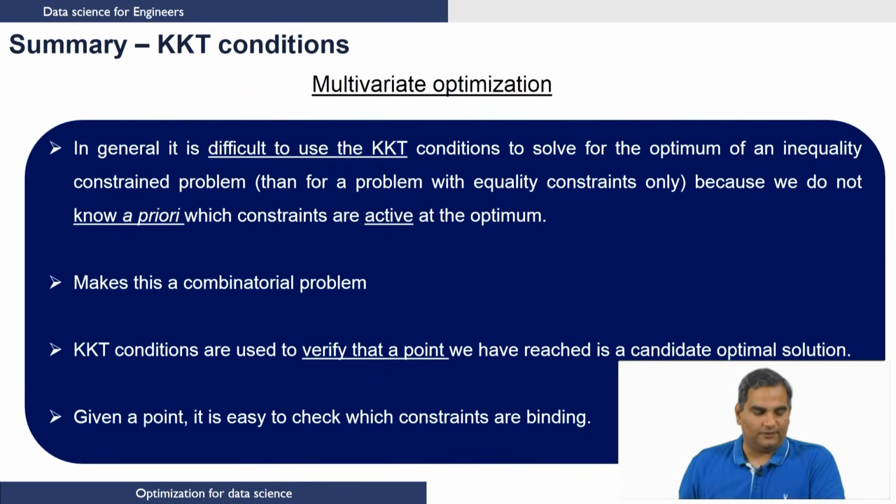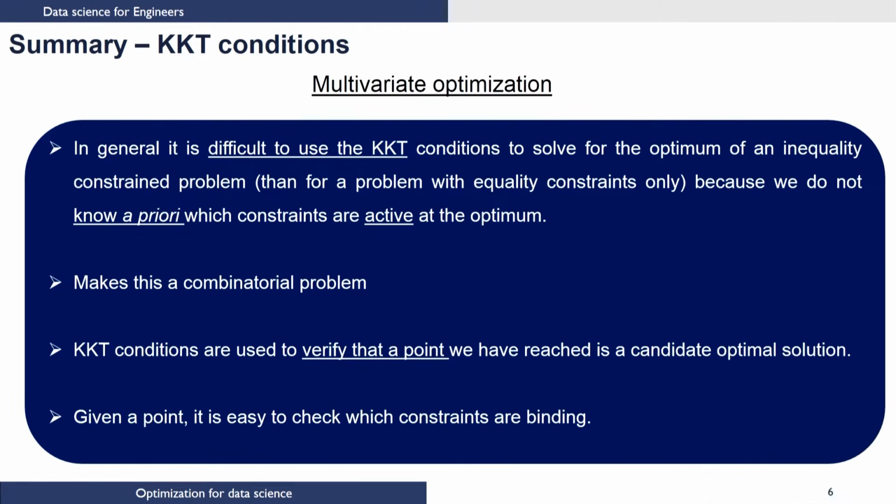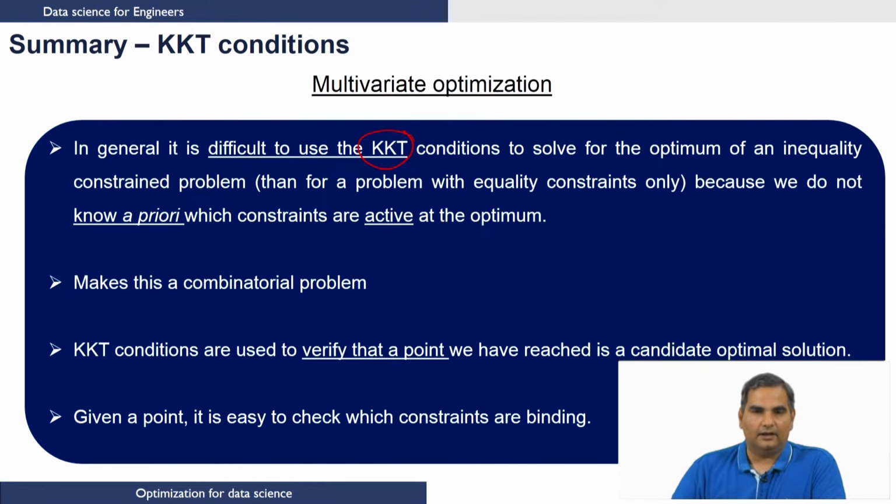There is a specific problem in solving what are called the KKT conditions. The conditions that I showed in the previous slide are called the KKT conditions. It is not easy to solve the KKT conditions directly in the inequality case because of the complementary slackness condition, which says either mu could be 0 or g could be 0. So, we have to make a choice as to which is 0, and that makes this a combinatorial problem.